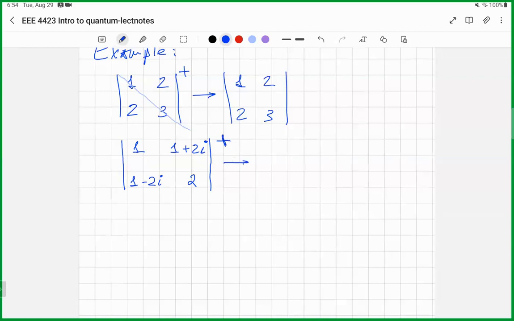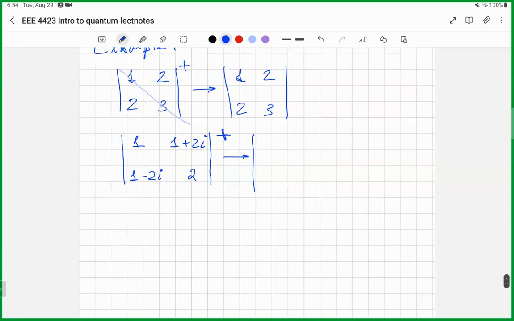We need to complex conjugate the matrix. It's pretty easy to see. When we complex conjugate, this becomes minus here, this becomes plus. But after transposition, they exchange, so I get exactly the same matrix: 1 plus 2i, 1 minus 2i, and 2.